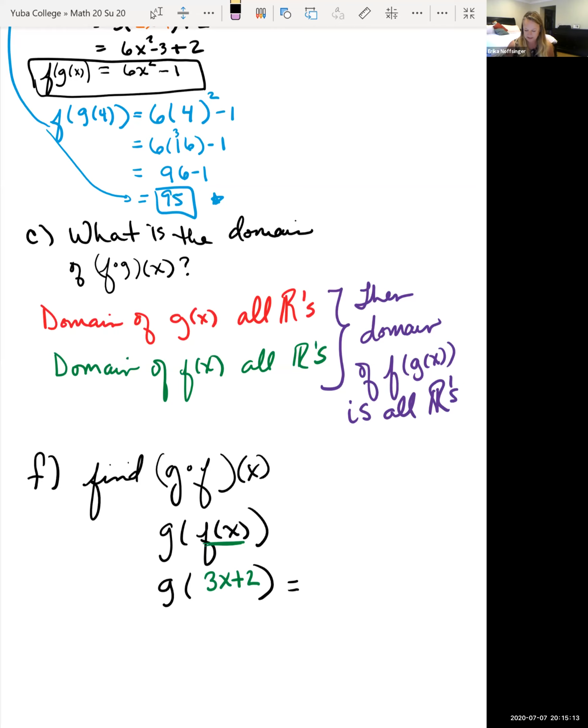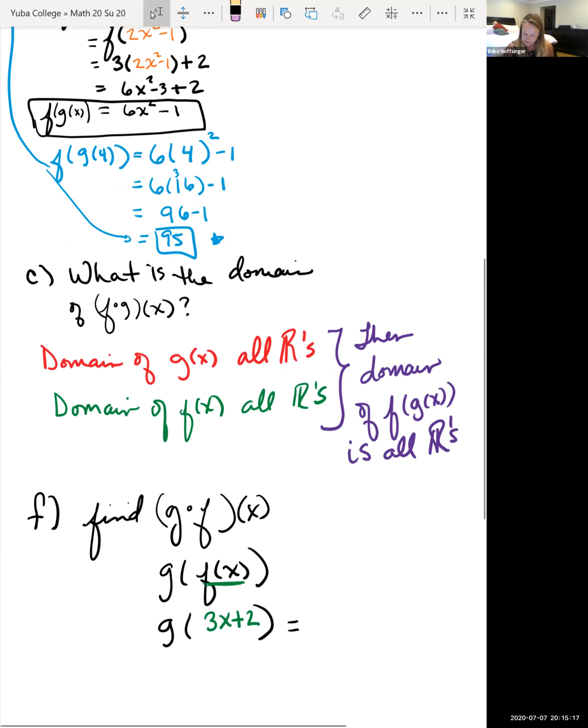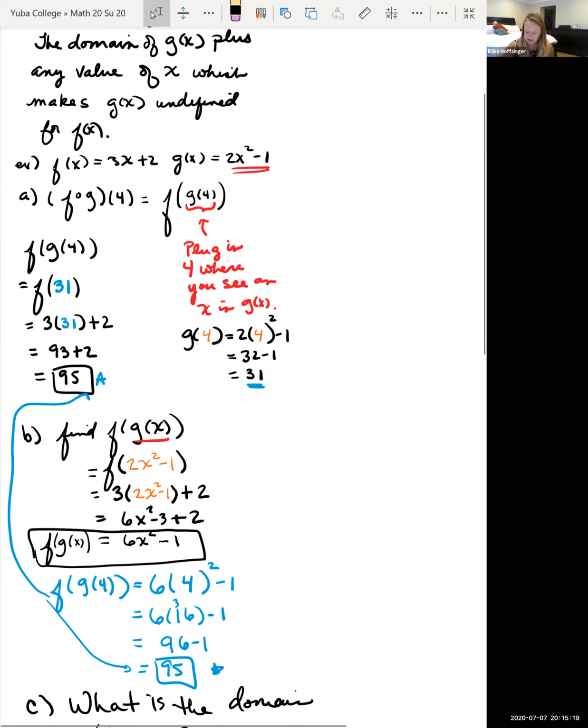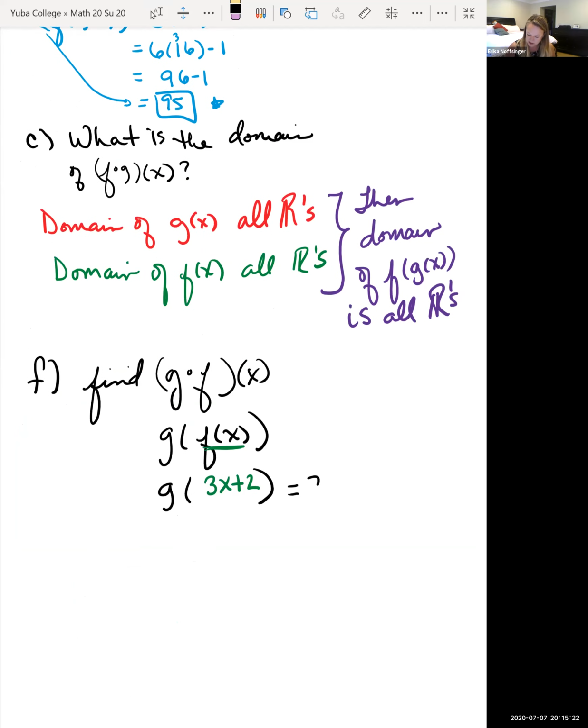So g of x, that was 2 times x squared minus 1. So it's 2, we see an x there, let's put parentheses, squared minus 1. So we're putting in 3x plus 2 wherever we put a parentheses.